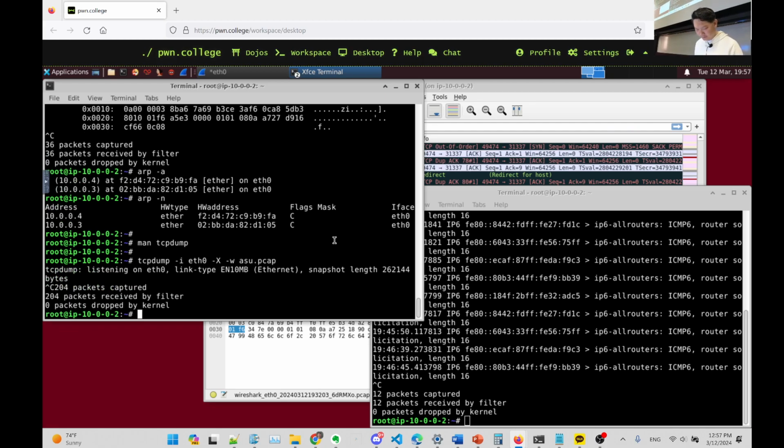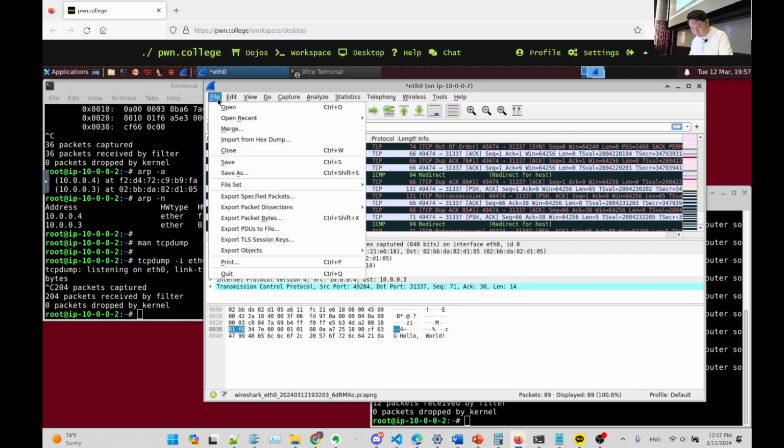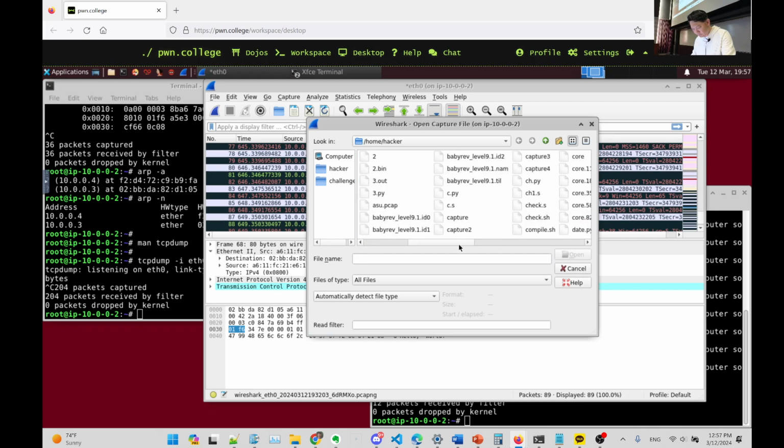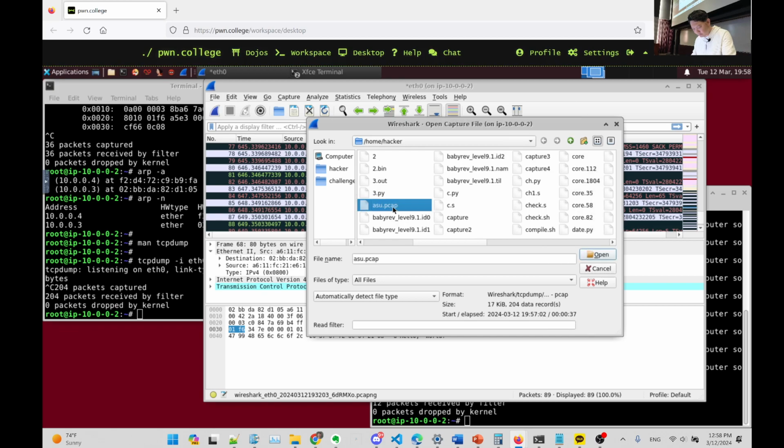So we have captured 204 packets, and we use Wireshark: File, Open, the pcap file.